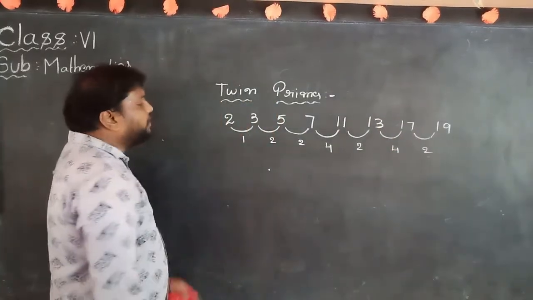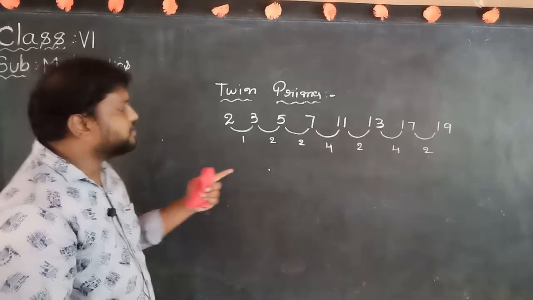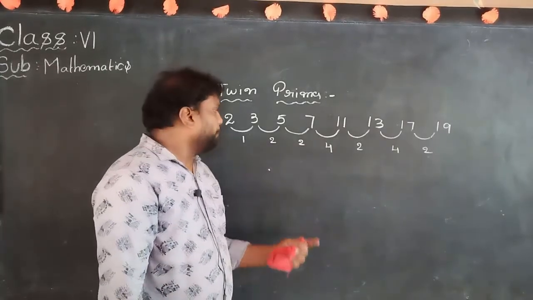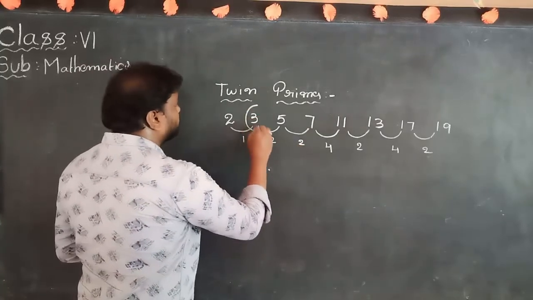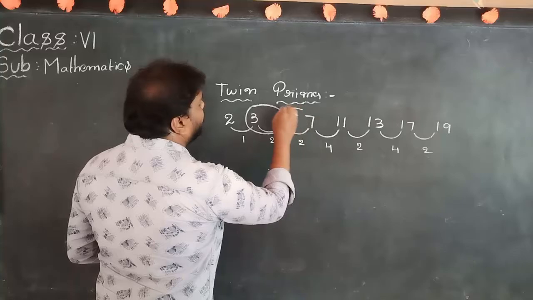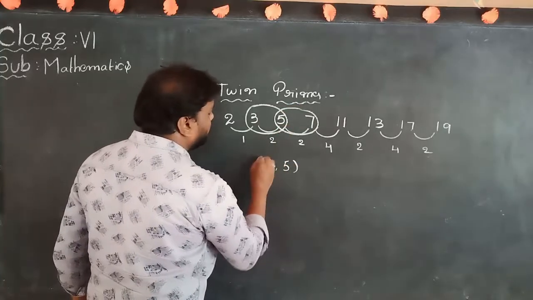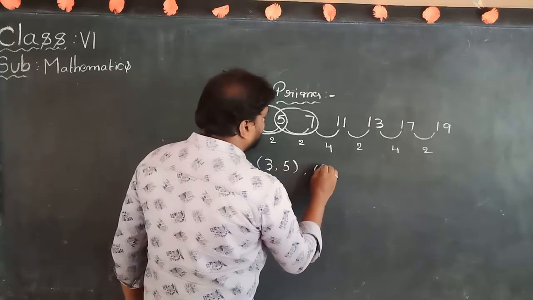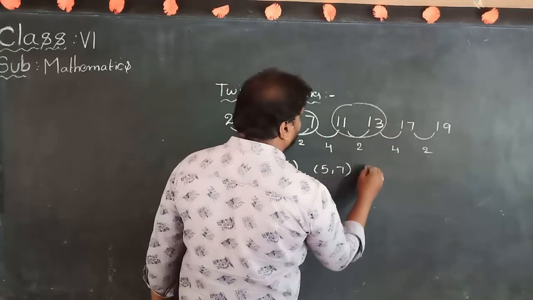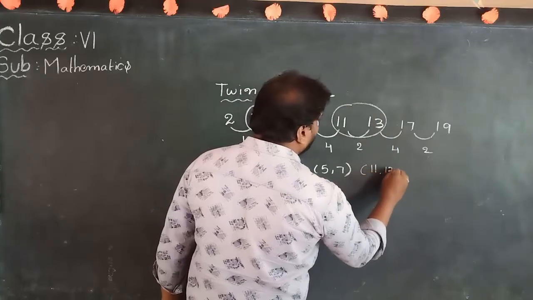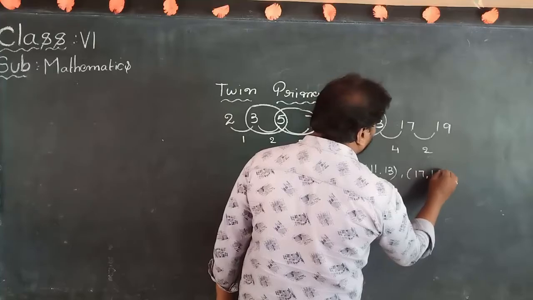Here in some cases we are getting 1, in some cases 2, and in some cases 4. So the pairs with difference 2 are 3, 5; 5, 7; next 11, 13; and next 17, 19.